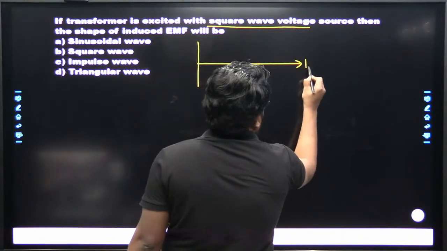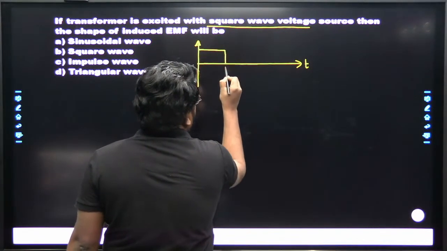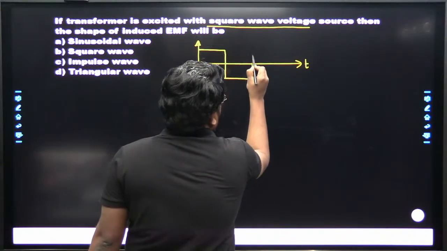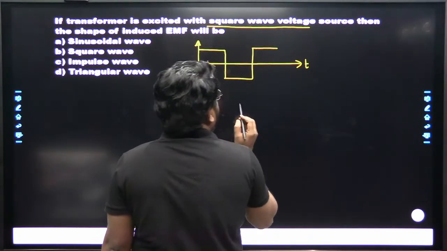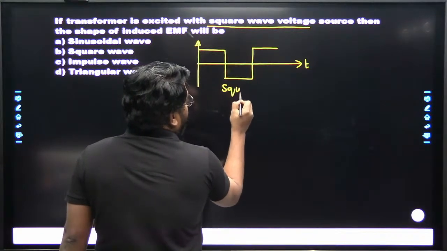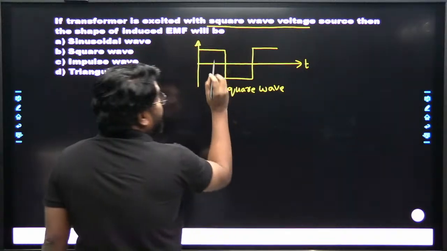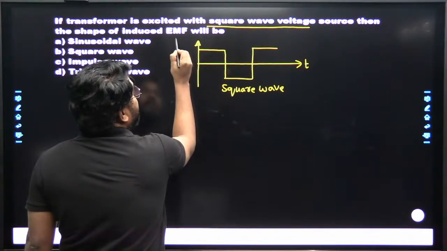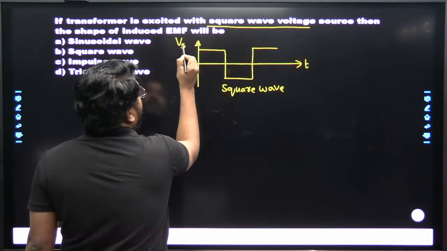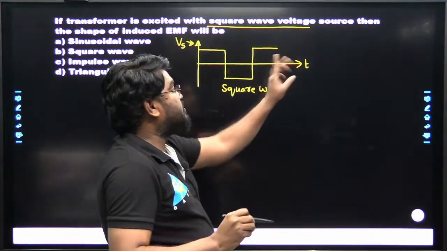It is plotted against time t. This is a positive step, then a negative step, positive step and negative step, and so on. This type of wave we can say is a square wave. If it is excited with a square wave voltage source, that means Vs of t is the square wave.